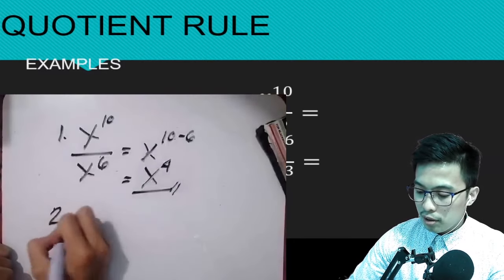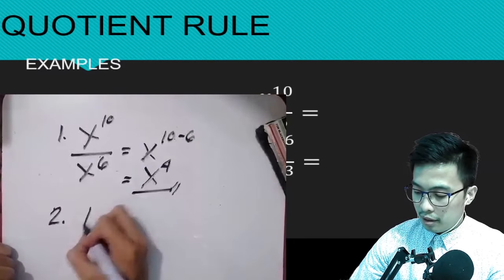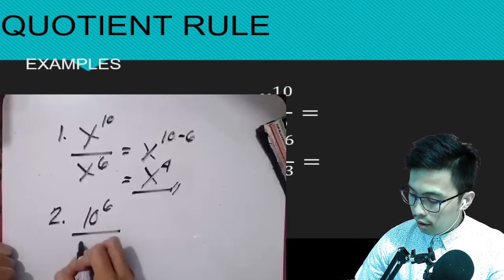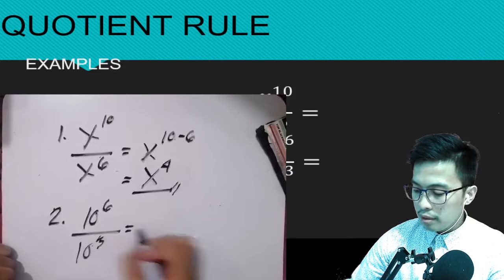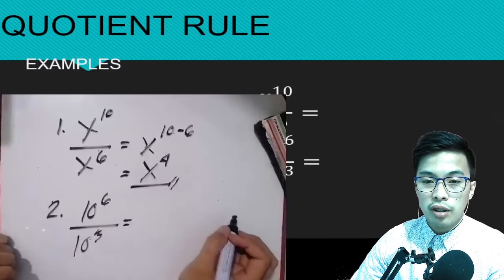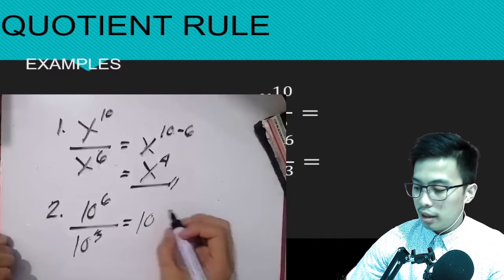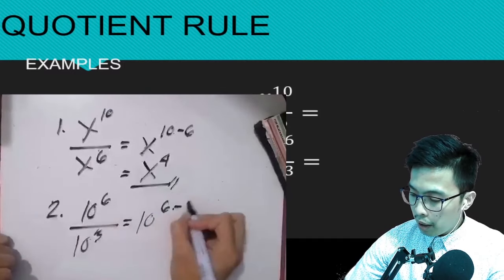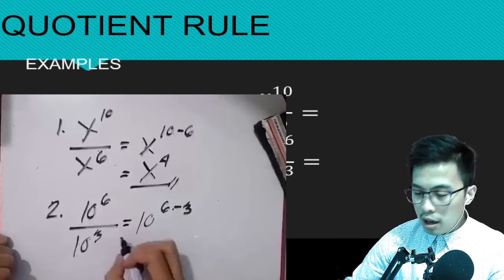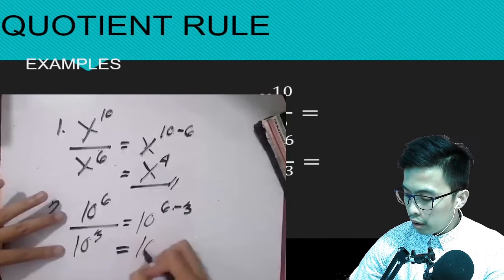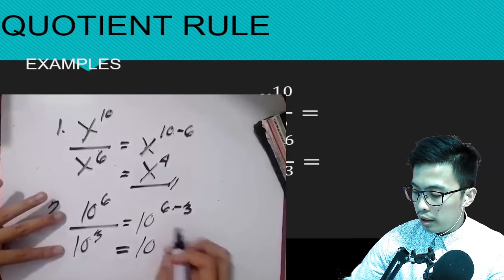And then, we move on to the second example. 10 raised to the power of 6 divided by 10 raised to the power of 3. Again, same procedure. We copy the base, which is 10, and then we subtract the exponent. That is 6 minus 3. The quotient of this expression will be 10 raised to the power of 3.